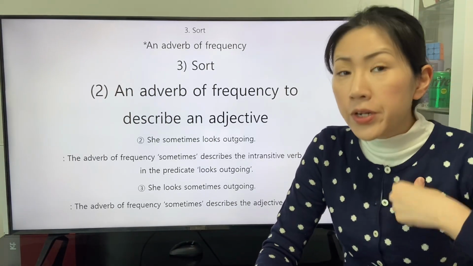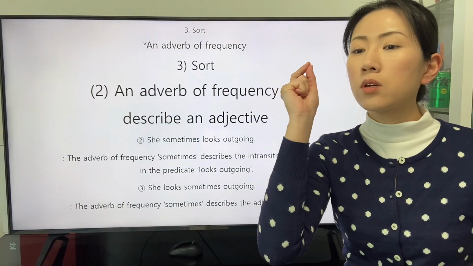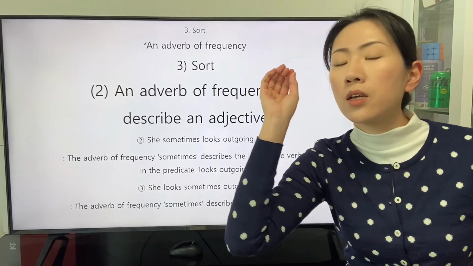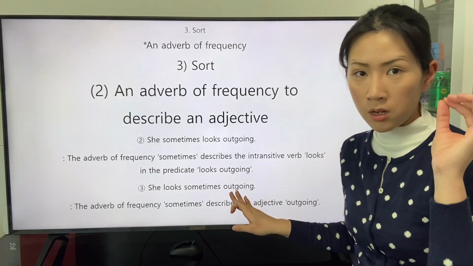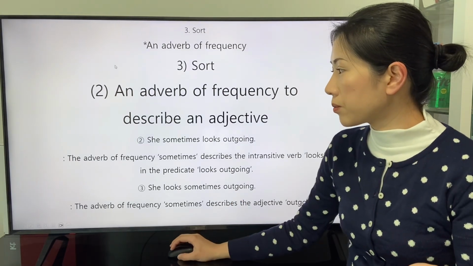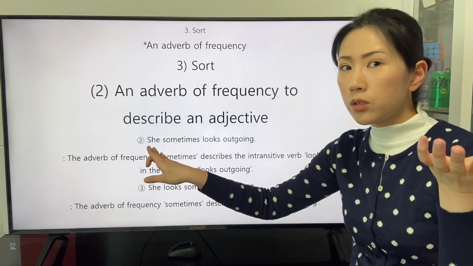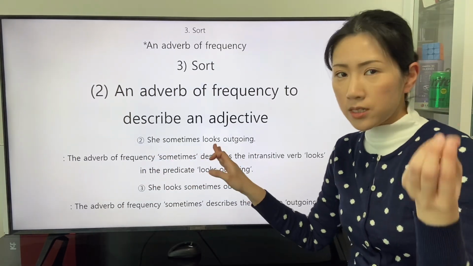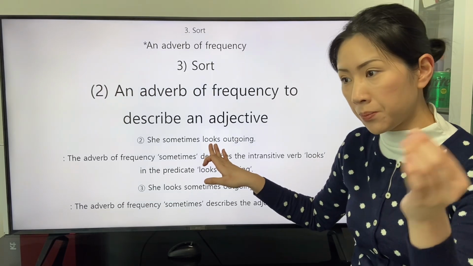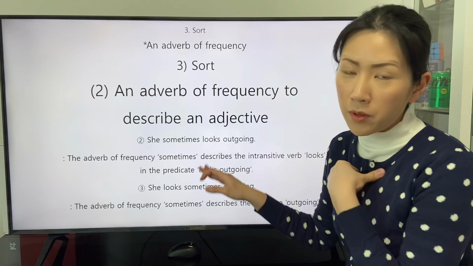So the speaker wants to figure out how often the subject is in the condition indicated by the adjective outgoing. How often does the subject get the action indicated by the intransitive verb looks from the speaker?